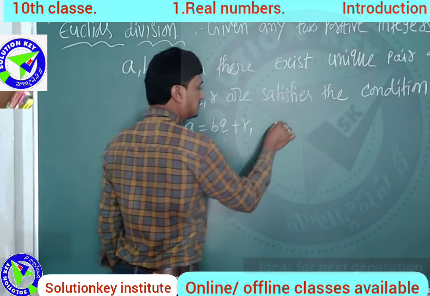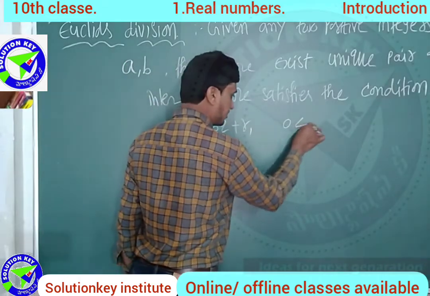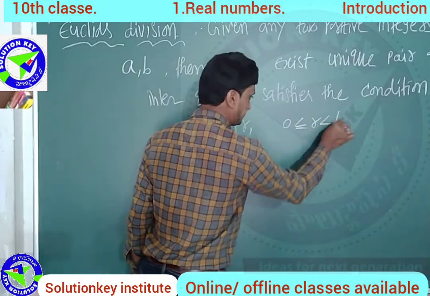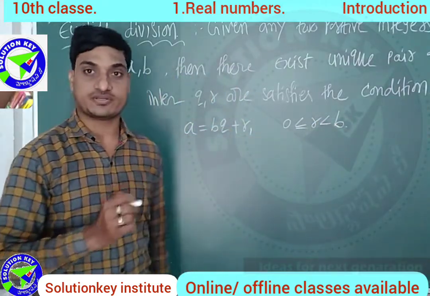Here r is 0 less than or equal to r less than b. This is the condition for Euclid's division lemma.